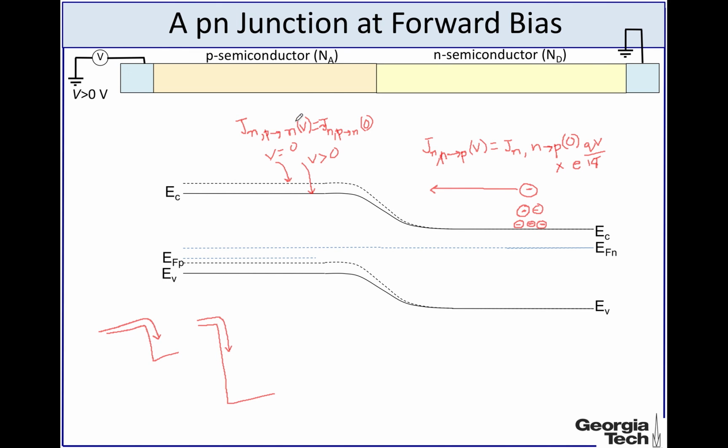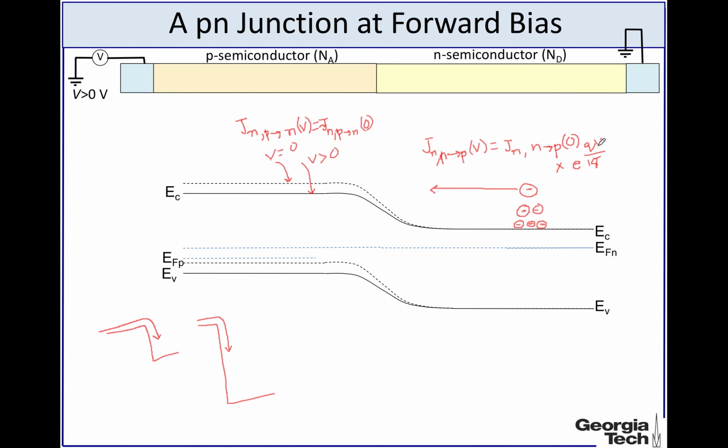So again, the amount of electrons that the n side injects into the p side increases exponentially with voltage, and as a result the current that the n side injects in the form of electrons to the p side also increases exponentially with a forward bias.